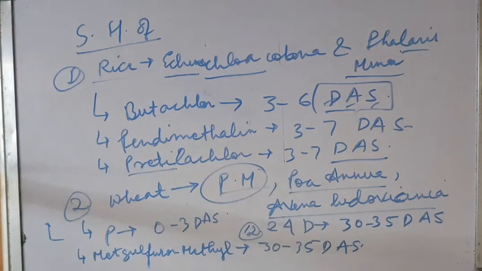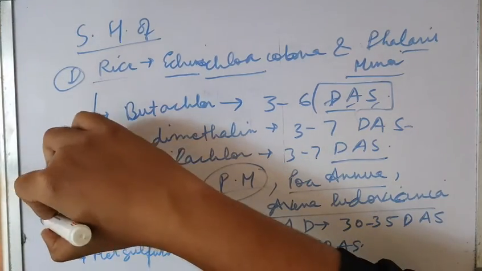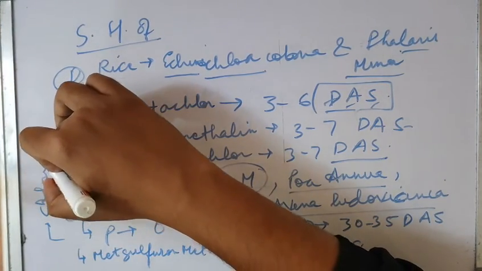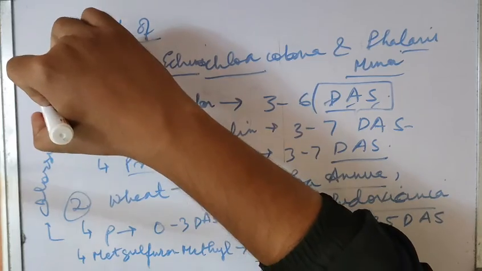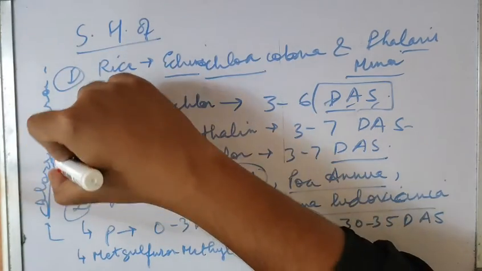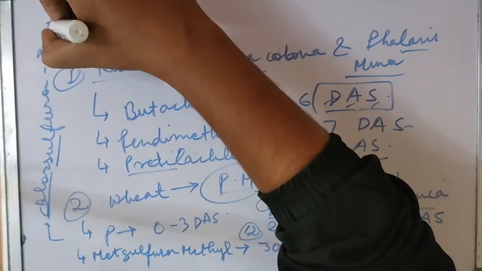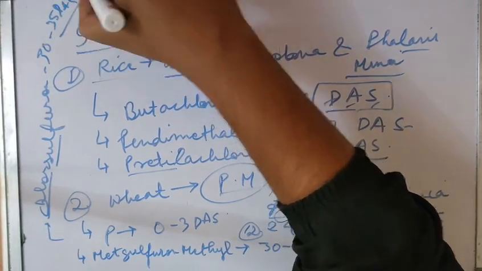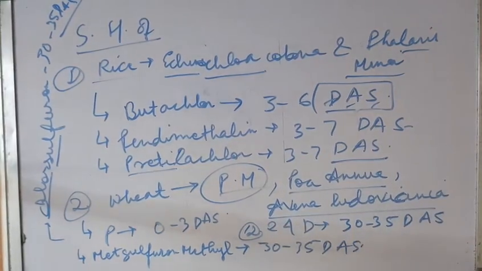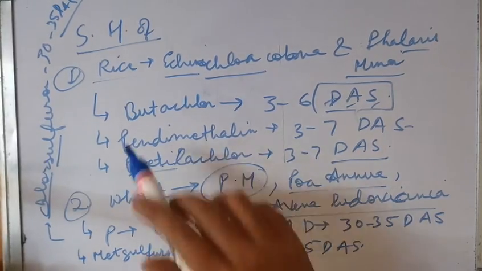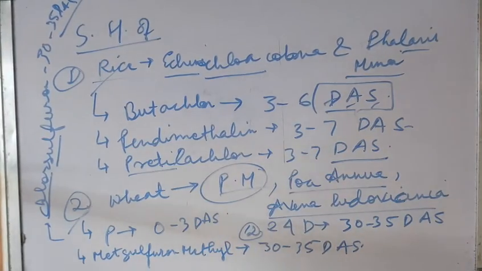We can also use one more herbicide, that is chlorsulfuron, chlorine plus sulfur, after this also 30 to 35 days after sowing. So these are some of the common selective herbicides of rice and wheat. I hope you all understand it.